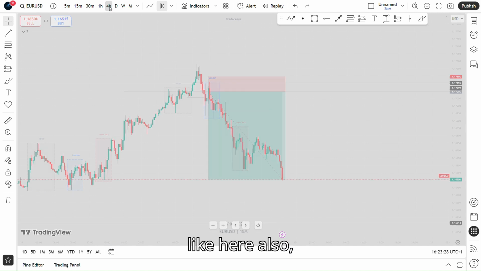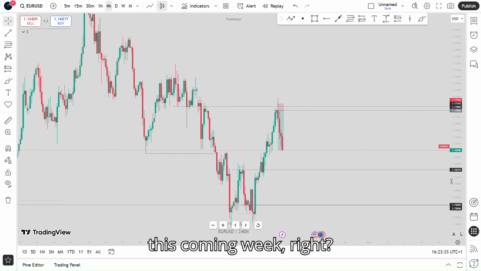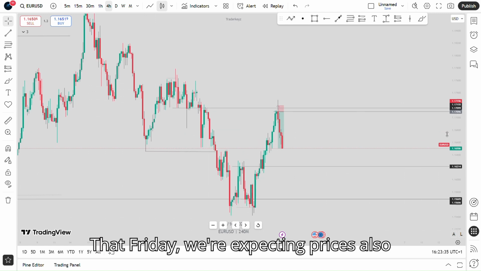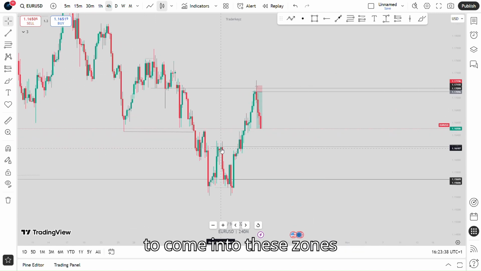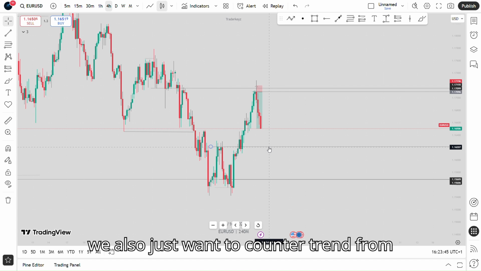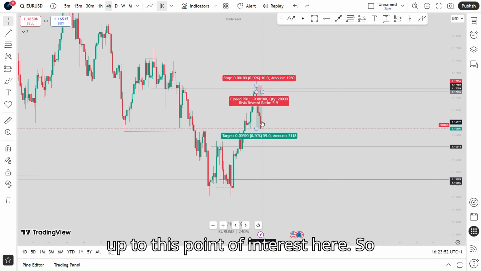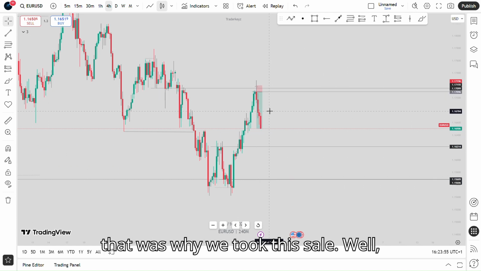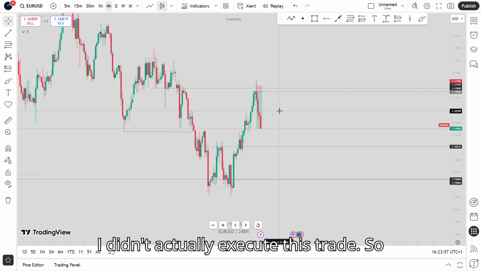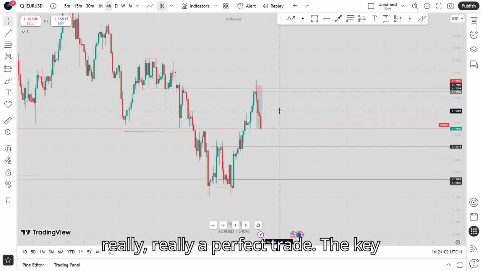Like here also, this coming week, that Friday we're expecting price also to come into these zones for the buy, and we also just want to counter trend from this point here up to this point of interest here. So that was why we took this sell. Well, I didn't actually execute this trade, so it was a perfect trade. It was really a perfect trade.